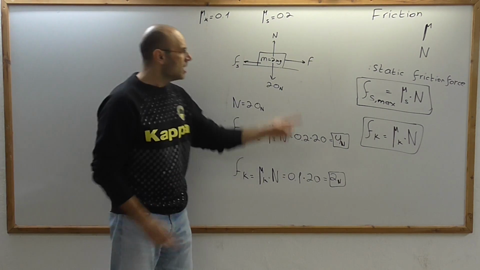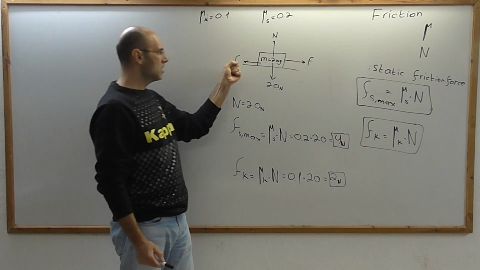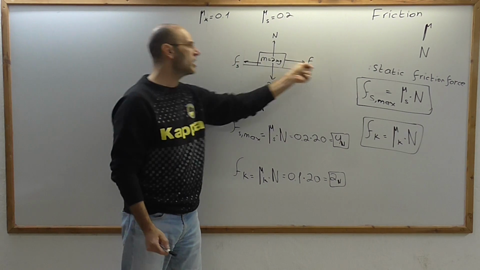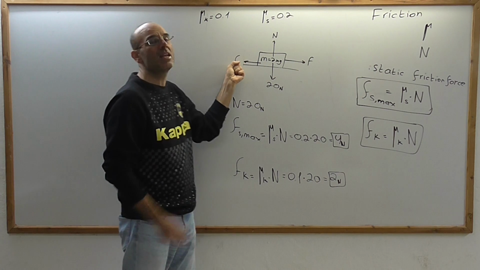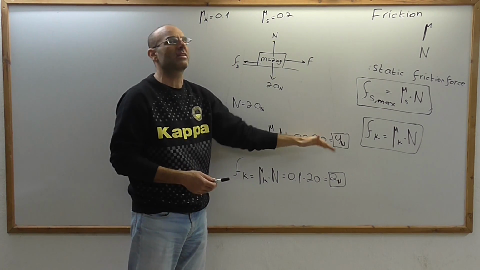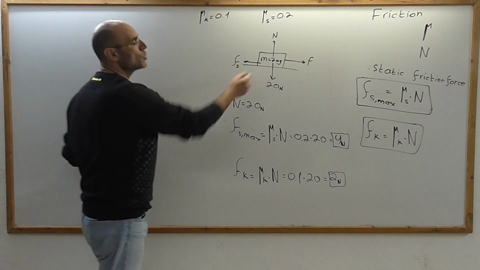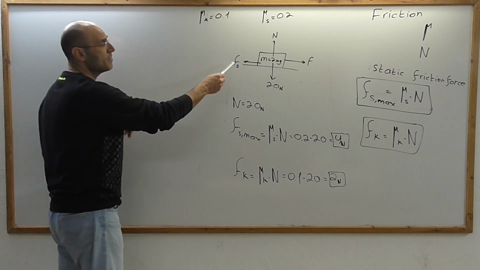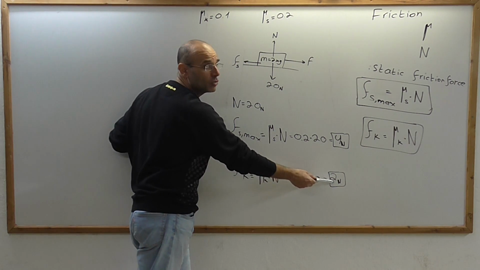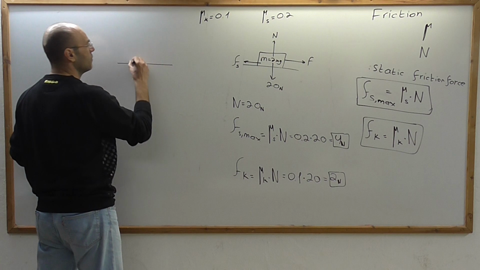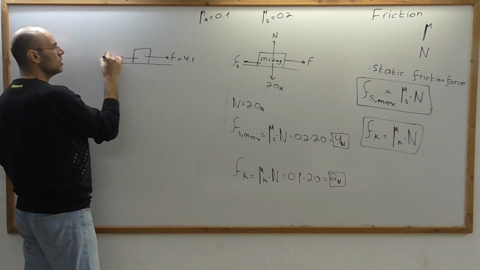So what does it mean? As we said, if the mass is static, doesn't move, if I apply 3, it will give me back 3. 4, it will give me back 4. 4.1, it can't give me any more because 4 is the maximum it can give me. So if I apply 4.1, the mass will start moving and the friction force will automatically be kinetic.